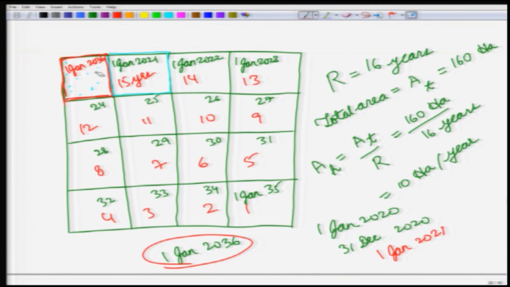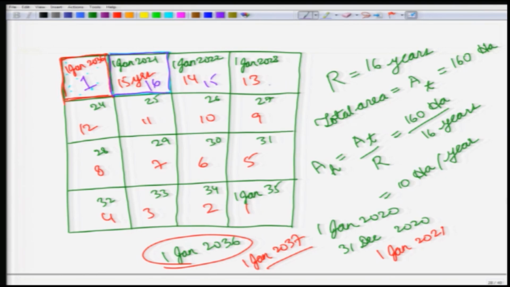Now, let us look at the situation on 1st of Jan 2037. What is the situation on 1st of Jan 2037? This section that we had felled on 1st of Jan 2036 is 1 year of age. This section that we had felled on 1st of January 2021 is now 16 years of age.